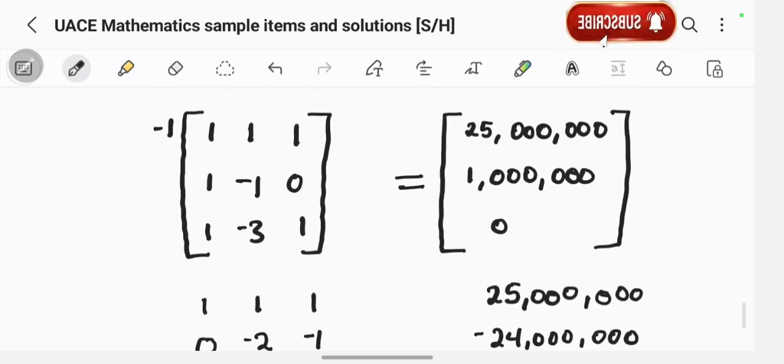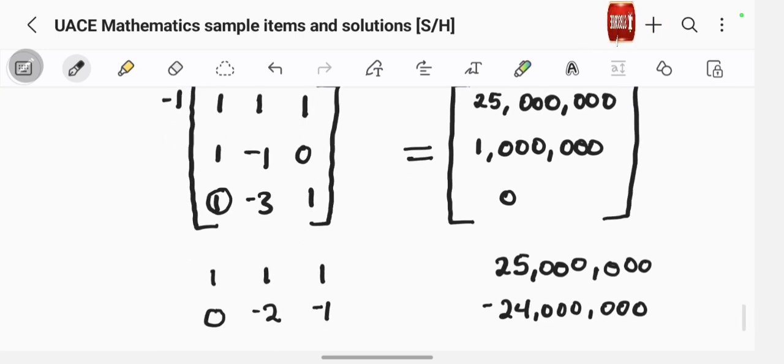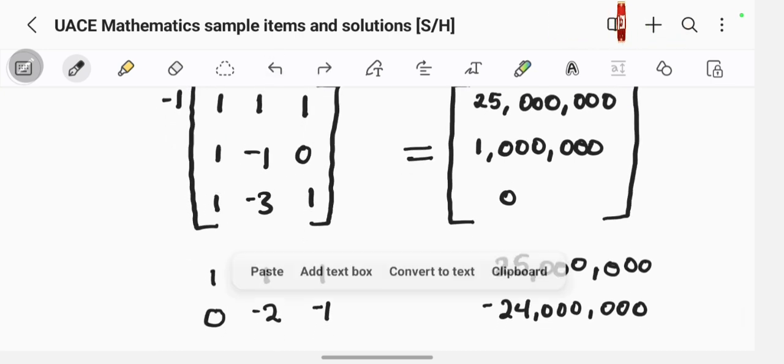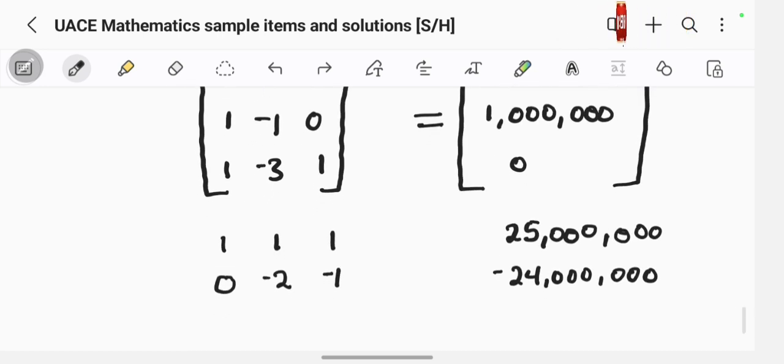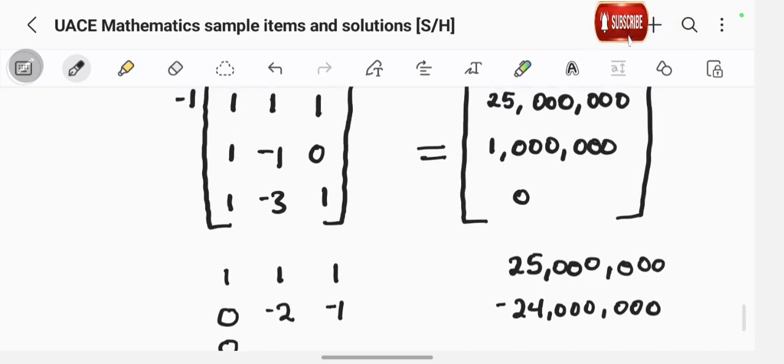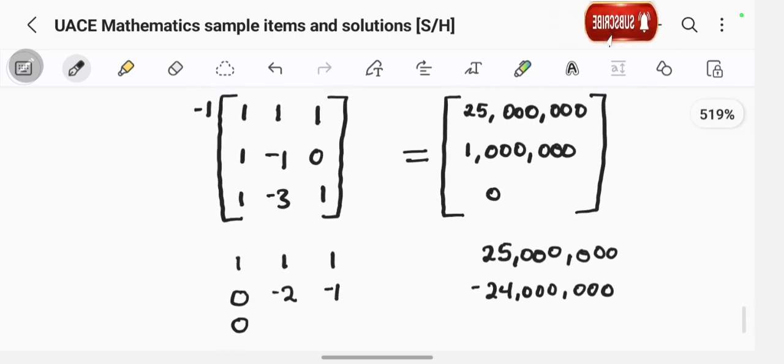Then, I'm going to do the same thing for this region here. I want to make it a 0. So I multiply negative 1 times the first row as I add the third row. So it's going to be 0 down. And negative 1 times 1 minus 3, that's negative 4. Then negative 1 times 1 plus 1 is a 0.